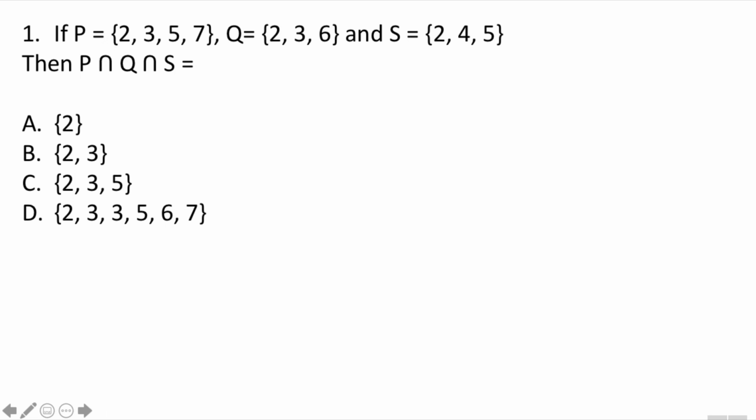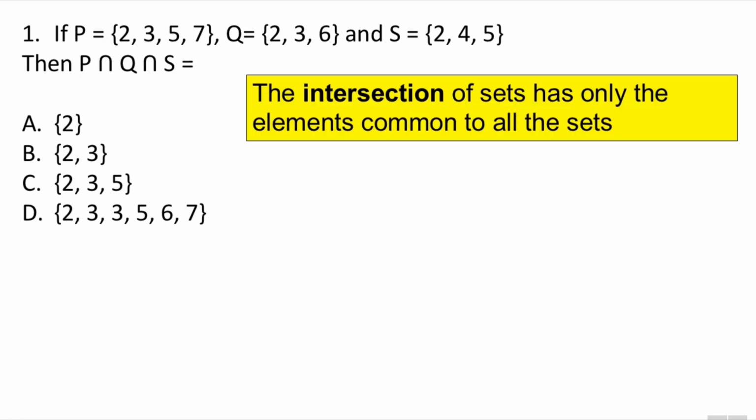So it's the intersection symbol, and the intersection of sets has only the elements common to all the sets. So what we're really trying to do is to find all the elements that are common to P, Q, and S. Let's have a look at the elements in P, Q, as well as S. If you look carefully, you'd realize that 2 is common to P, Q, and S, which therefore means 2 would have been the only element in that set.